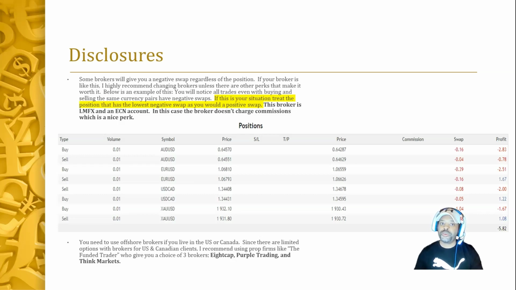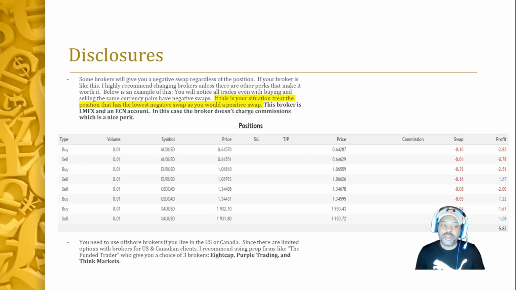They're reputable, you can trust them. They have excellent customer service, and they're a pretty good broker, but they're not the best broker by any means. They're just someone that's available to us, and you have to have an offshore broker if you want to be serious as a trader. So I'll just go over a couple examples here.